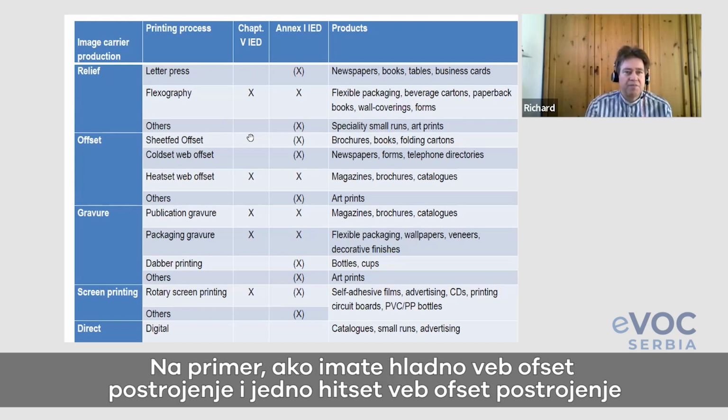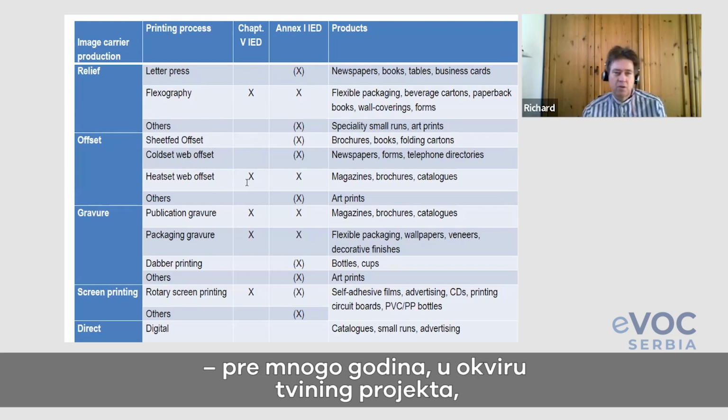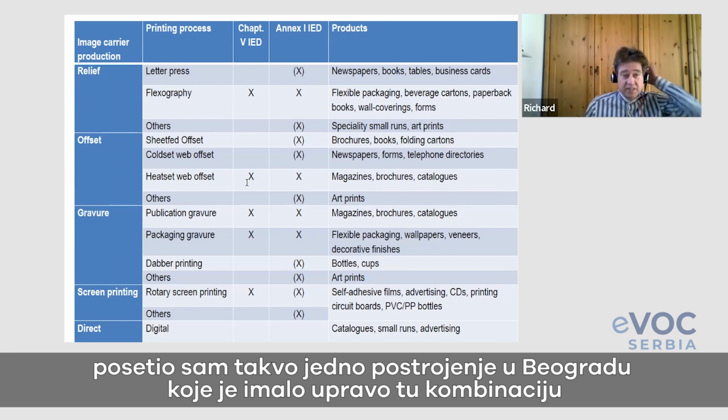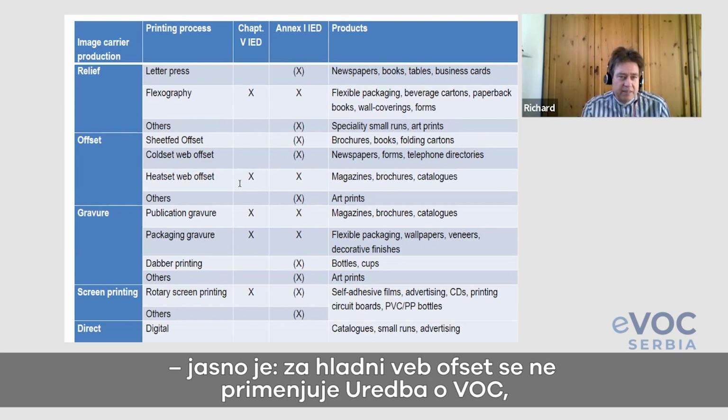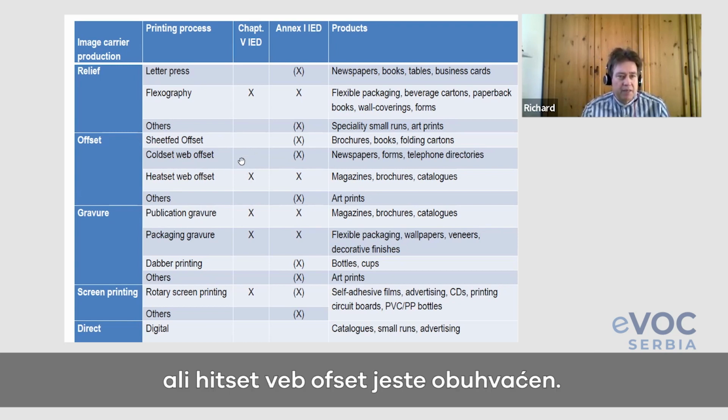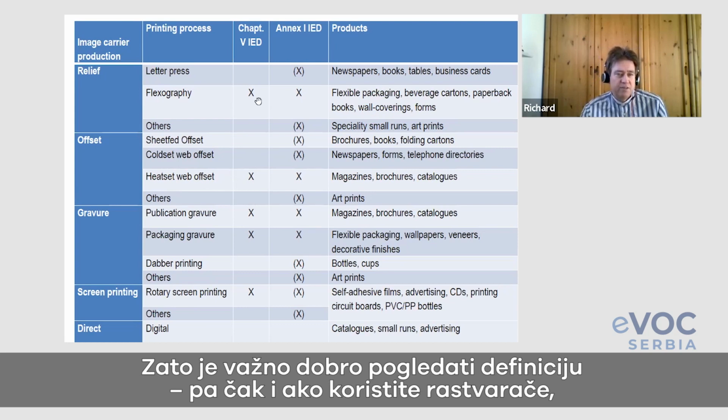For example, if you have a cold-set web offset installation and a heat-set web offset installation. A long time ago, under the twinning project, I visited such an installation in Belgrade. They had exactly that combination, but it's clear that for the cold-set web offset, we cannot apply the VOC degree. But of course, the heat-set web offset would be under the scope of the VOC degree. So you see, it's so important to look exactly at the definition.